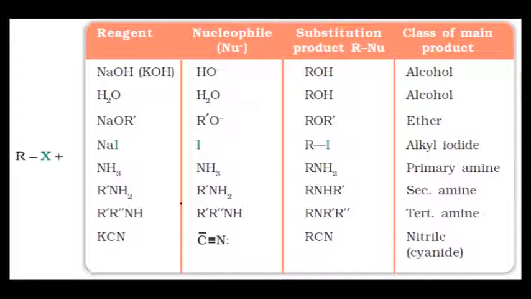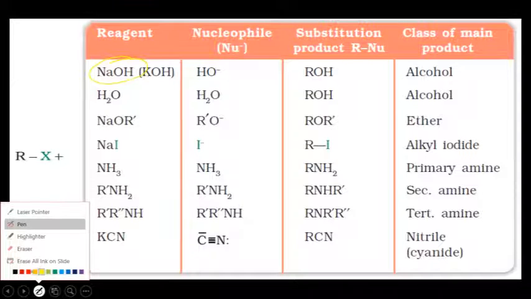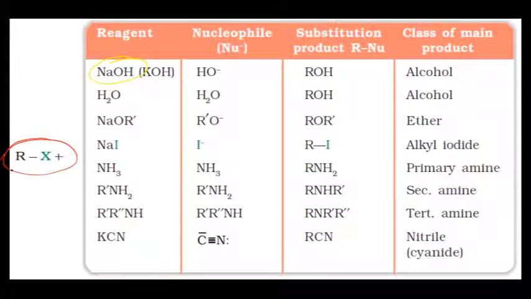Now in this table, there are certain compounds which actually are the reagents which can attack on the haloalkane. So for example, if NaOH or KOH is there, then the OH group will work as nucleophile. OH of NaOH or KOH will get attached to the alkyl group.